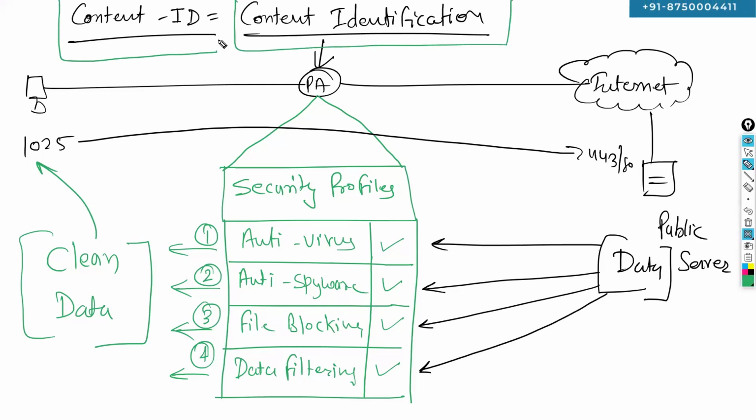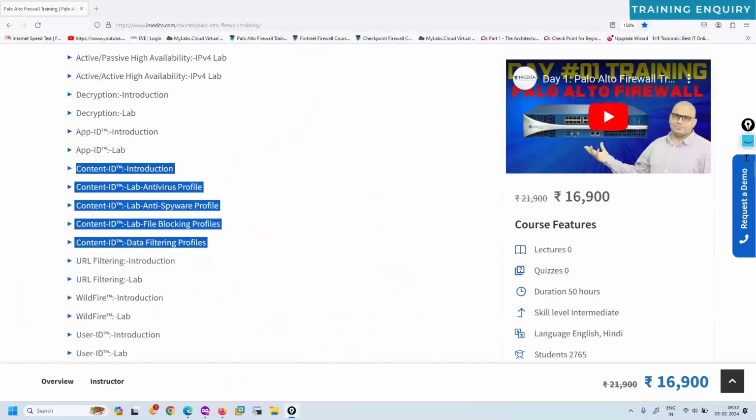called as content ID. And remember it, this thing will work perfectly if you have enabled decryption, because normally plain text data can be filtered here, but if data is going under SSL, we can't inspect that. To inspect that traffic, we need to enable decryption, which we have already discussed.